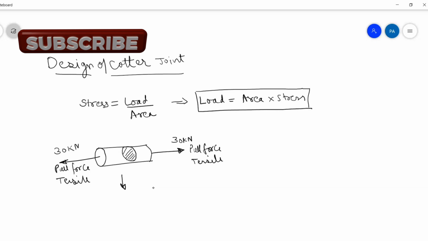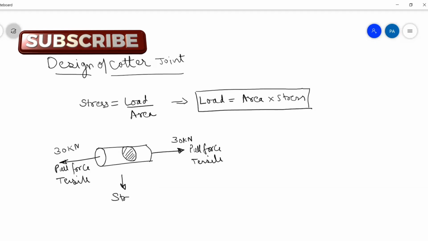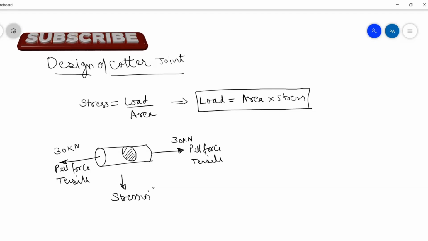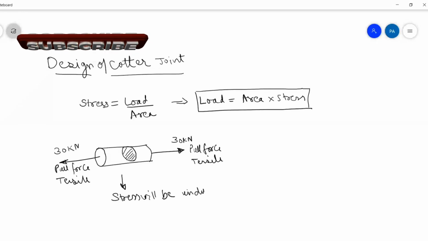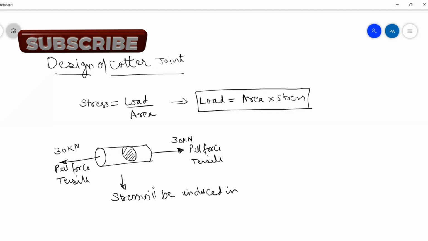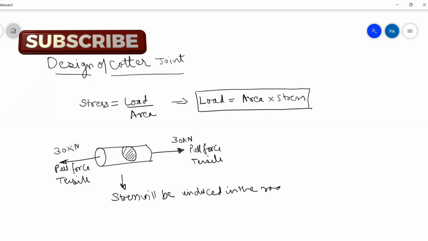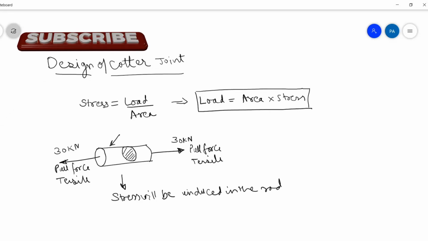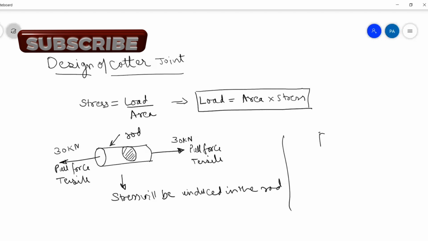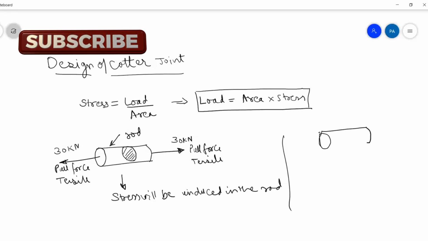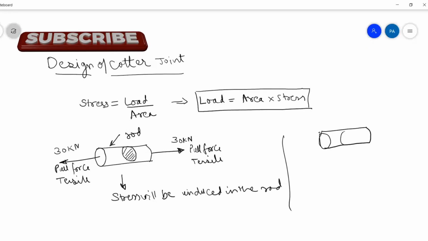Because of this, what will happen? Stress will be induced in the rod. Before that, consider a case like this is a rod, again a circular rod.